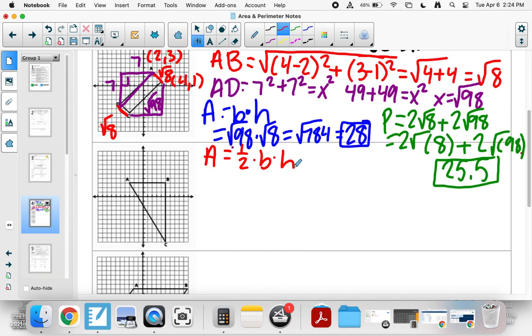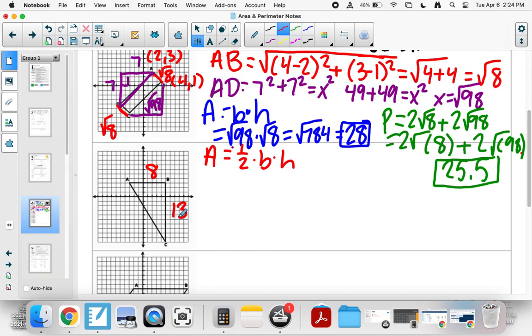Because it's literally boxes, like straight across. You count the base and height. 8 and 13. Yeah, okay. So for area, it's a lot easier.